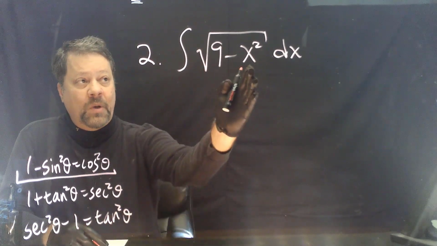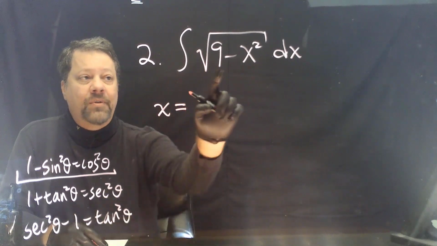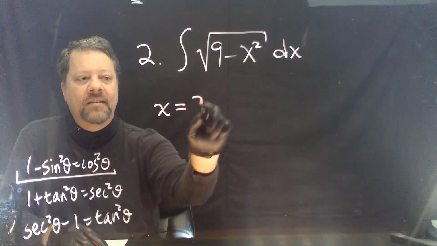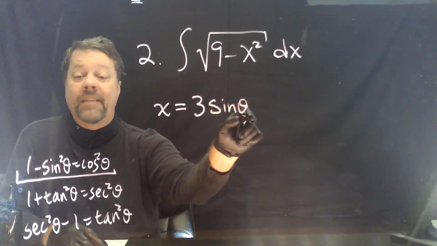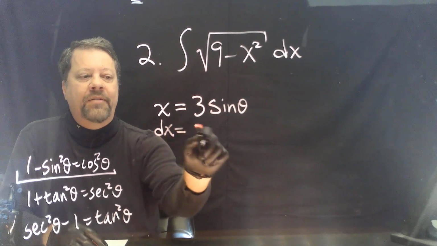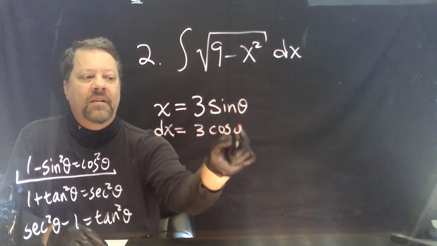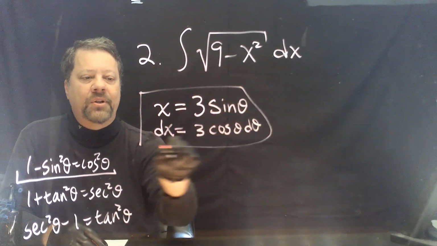You take the square root of the variable part and set that equal to the square root of the constant, whatever that is, times the sine of the new variable theta. In this case, dx will be 3 cosine theta d theta, yielding our substitution.